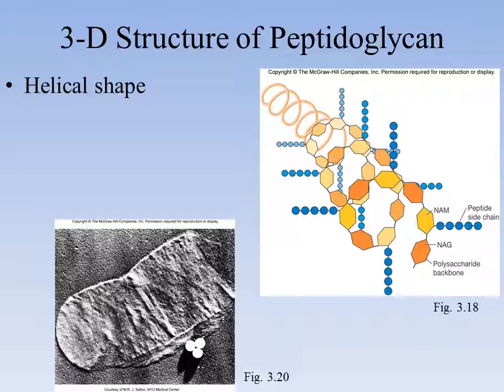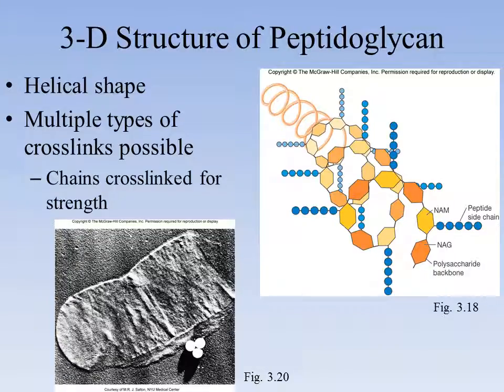Each NAM is going to have its peptide side chain coming off it, and then those are going to be connected together. There are different types of crosslinks that can occur. The reason that we're cross-linking these together is that this is going to produce a lot of strength. Having this helical shape and then cross-linking one helix to another helix, we're going to get this really intense mesh polymer that's going to have a lot of strength, which is going to add to the strength of the cell wall.